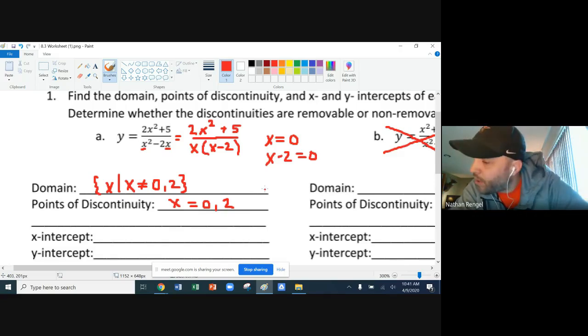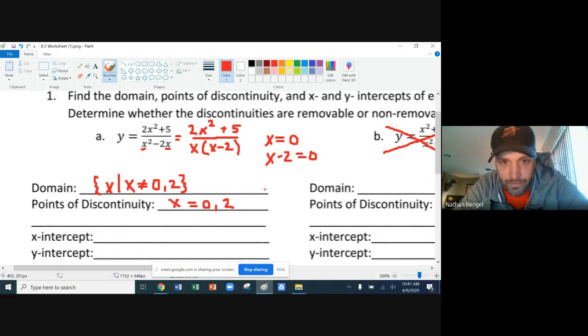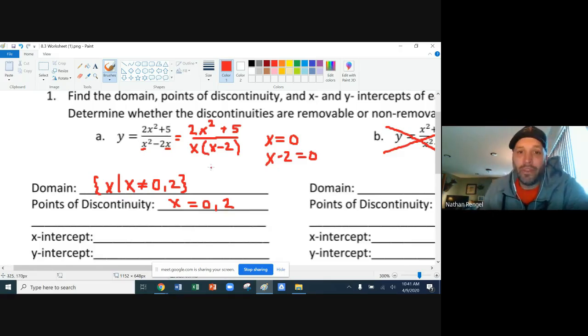And then the x and y intercepts, we'll do that here in a second, and determine whether the discontinuities are removable or non-removable. This problem to start out is not the best because we don't really see a lot happening. But what you would check for is whether in your numerator and denominator you have any factors that are exactly the same. Like if I had a single x up here, I could remove that with this x down here.